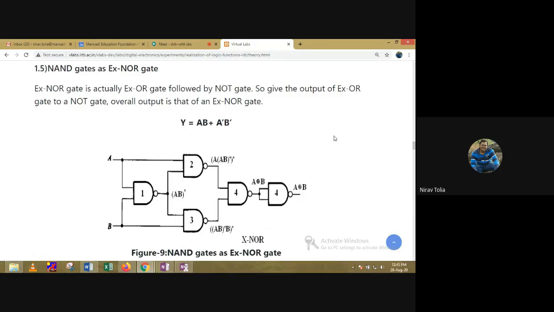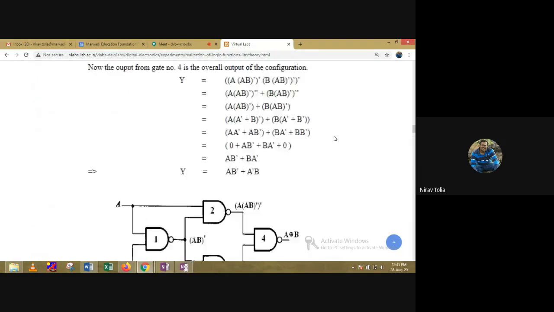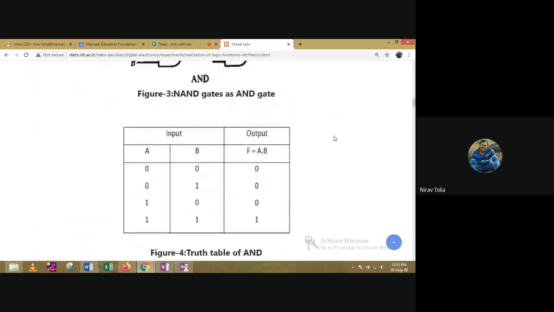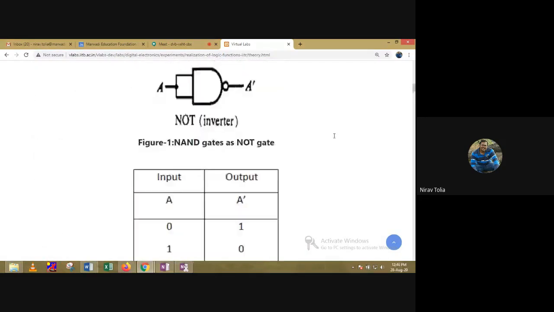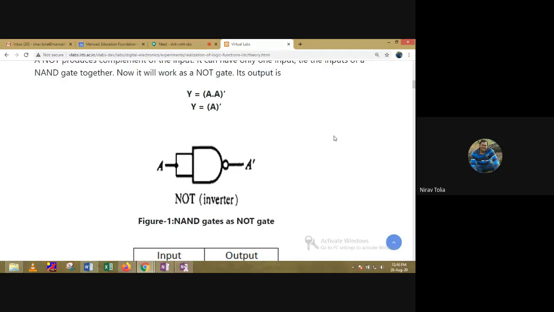So up to this, if anyone has any doubt, they can unmute themselves and ask me a question, or you can ask me a question in the chat session. Anyone having any doubt?